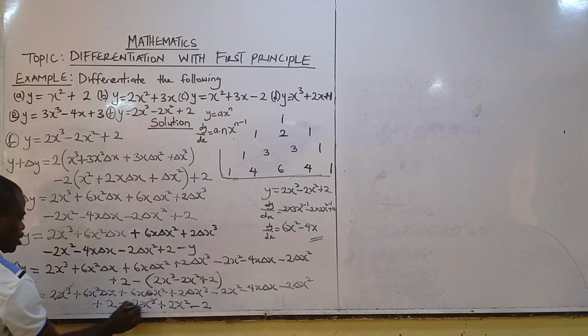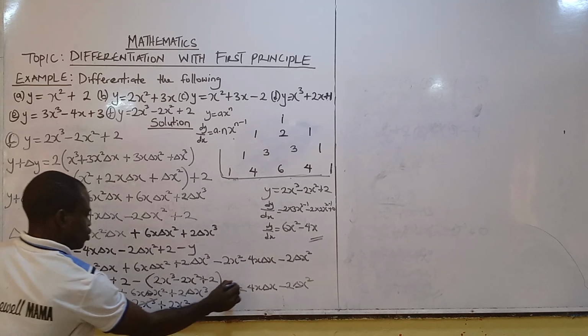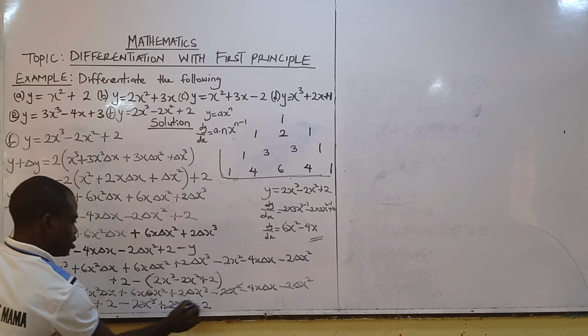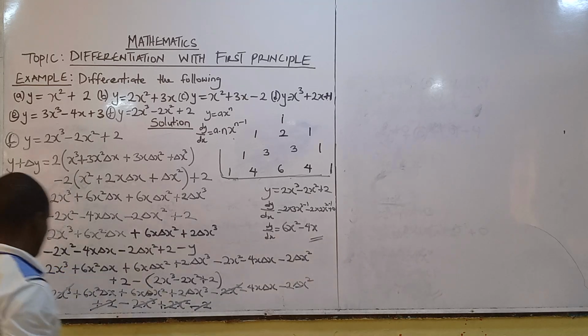Let's see what cancels out. This one cancels with this. Minus 2x squared cancels with 2x squared, minus 2 cancels plus 2.